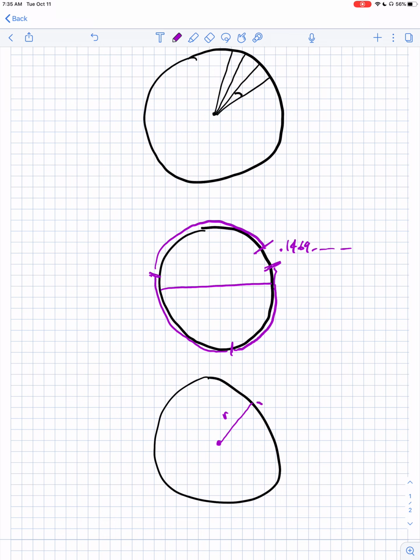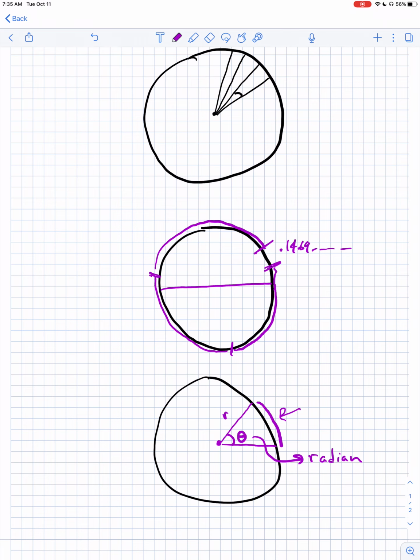Well, that string would go around maybe that far. And then if we close the gap here, the angle that is made by one radius laid around the outside of the circle, that is 1 radian. So if you lay a radius around the outside of a circle, like we did here, and make an angle out of it, that angle is what a radian is.